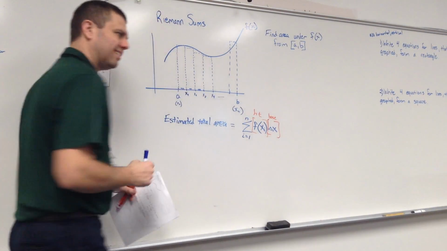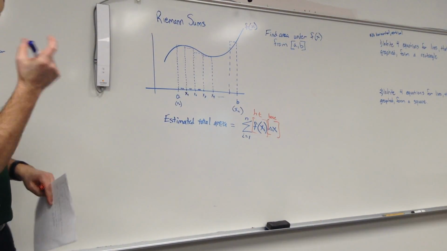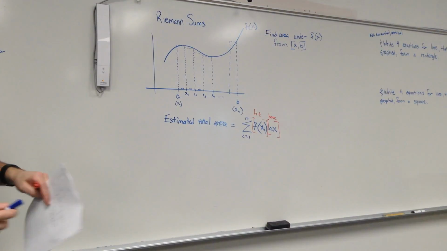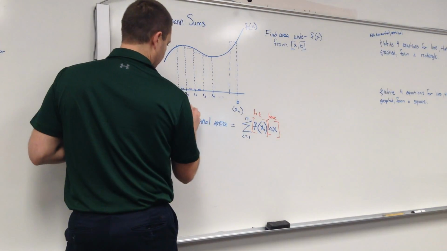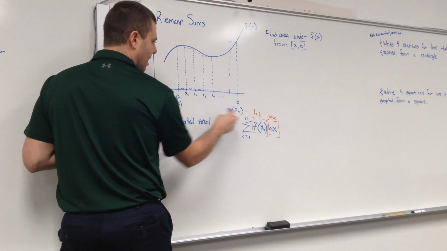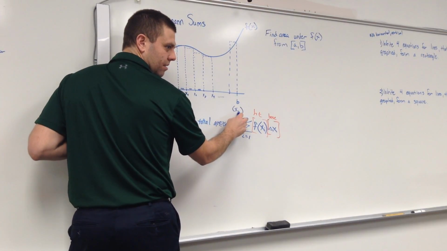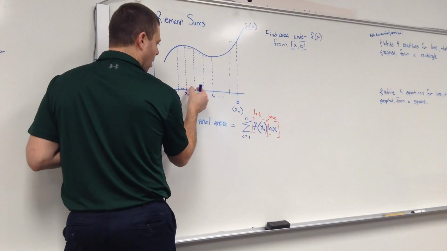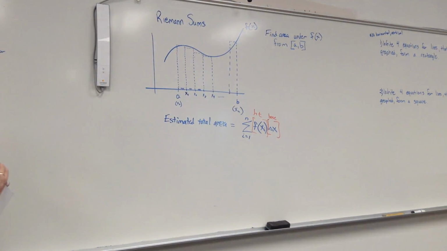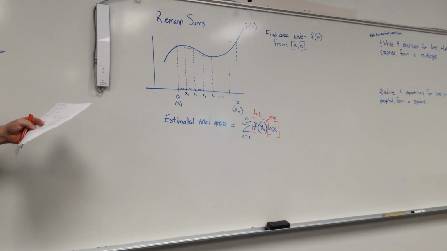Delta x, how far is it? What is the width of our total area? Well, if this is x sub 0, let's just say, and this is x sub n, would you agree there are n rectangles that we'll be adding together? However many that is.